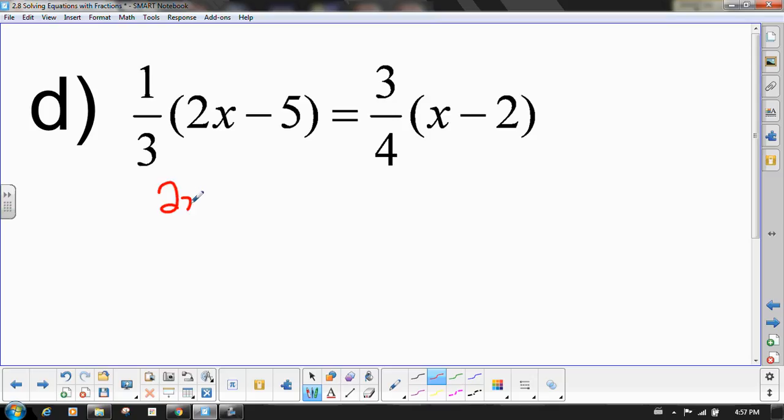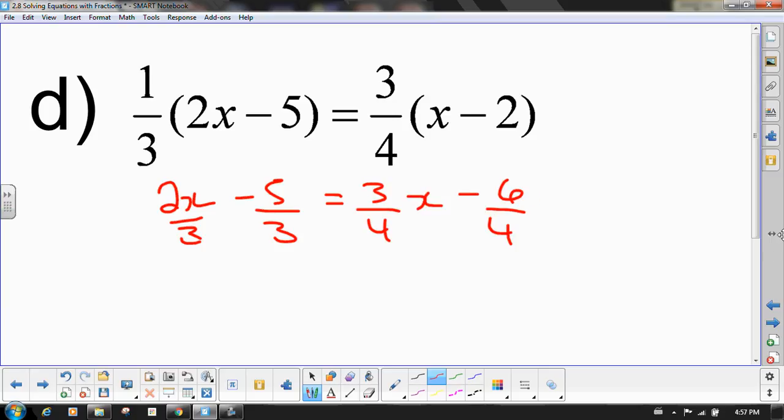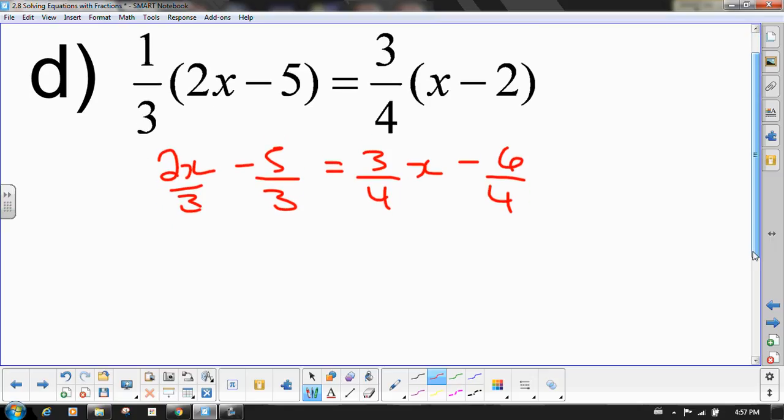So I'm going to get 2x over 3 minus 5 over 3 equals 3 over 4x minus 6 over 4. So now I have no brackets, but I don't have a common denominator. So the common denominator in this case is going to be 12.